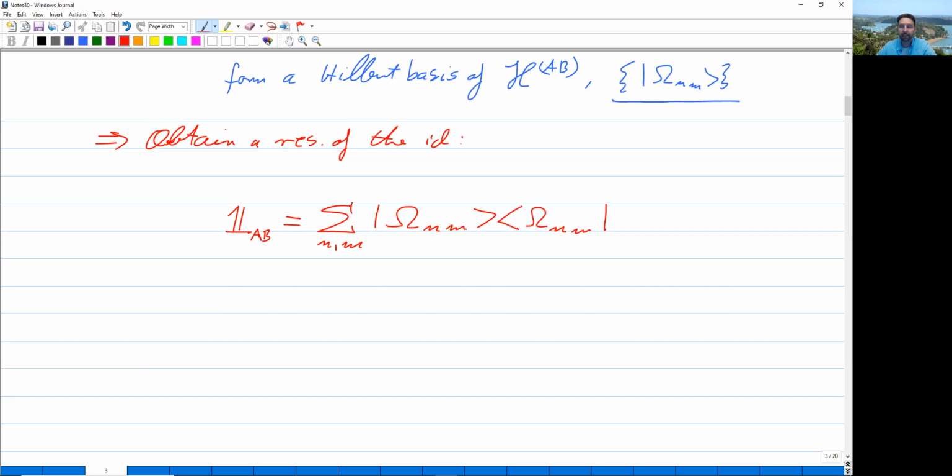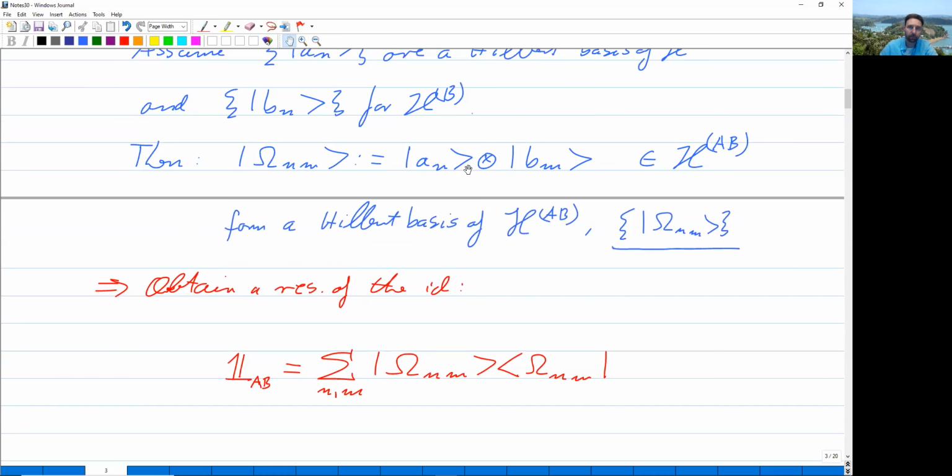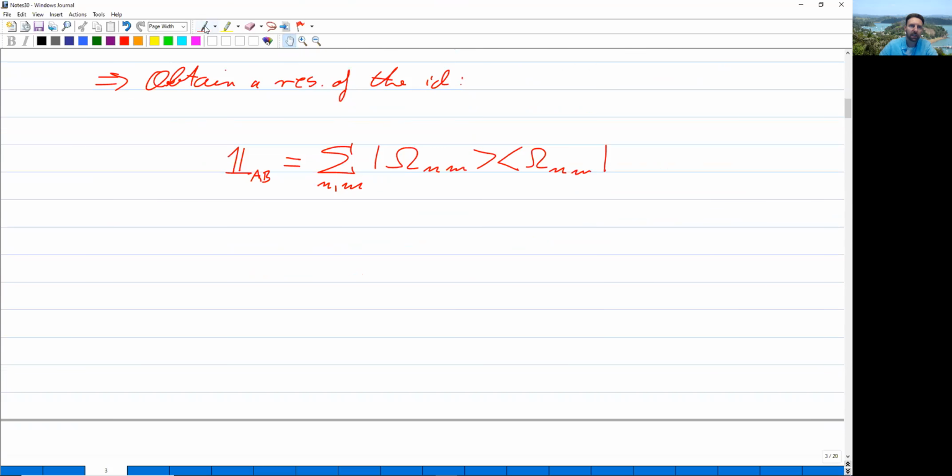Now, this can be spelled out more explicitly because remember the omega n m take this form. So therefore, this resolution of the identity can also be written as the sum over n and m, and then we have here the A n and B m, and A n and B m.